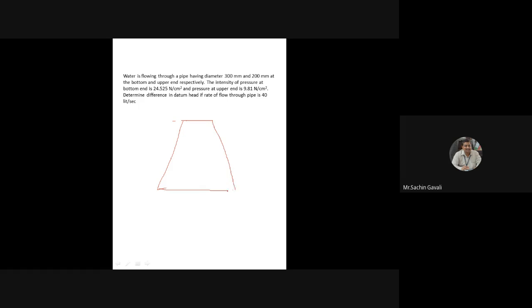The upper end we will consider as section 2 and the lower end we will consider as section 1.